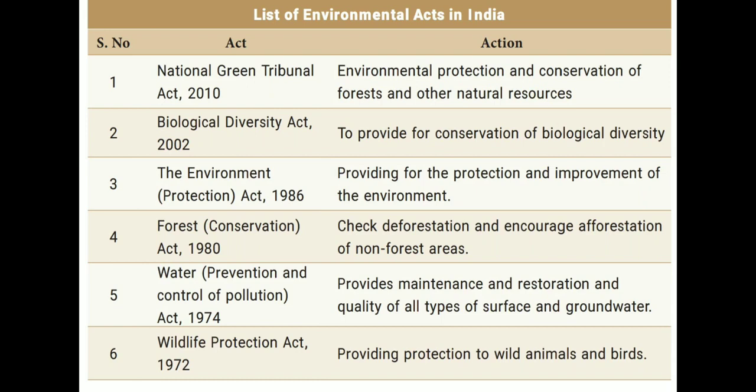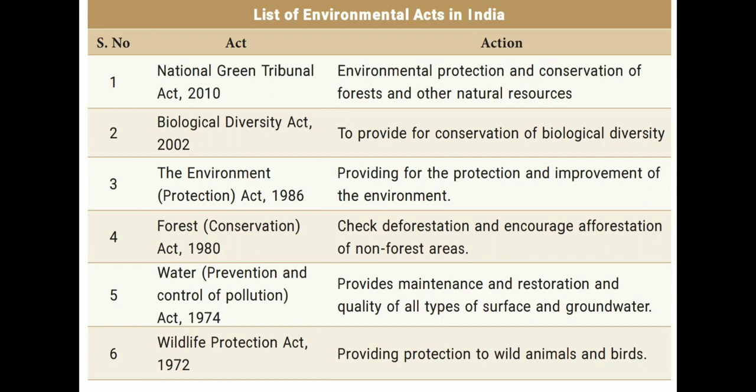Next, fourth one, 1980. The Forest Conservation Act was passed. According to this act, what was the action taken? They want to check deforestation and encourage afforestation of non-forest areas. Near, like, a desert area, they want to plant more trees.